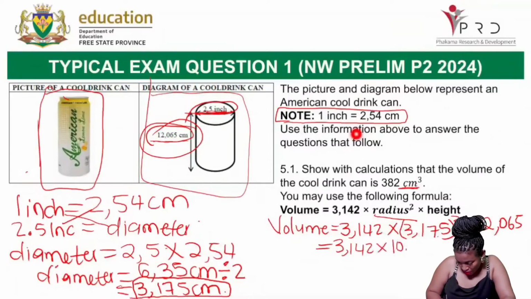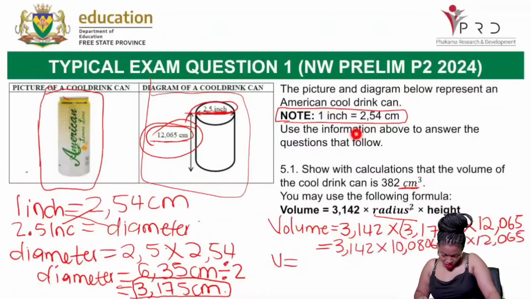I'm getting 10.80625 multiplied by 12.065. So the volume is equal to 3.142 multiplied by the radius squared multiplied by 12.065.